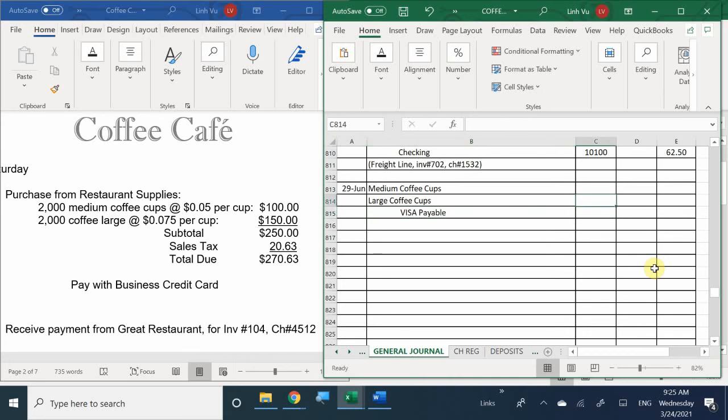Okay? So here we are. What was my medium coffee cups account? I think it was like 1176, 1175. And my Visa payable is 2200. So here we have tax.